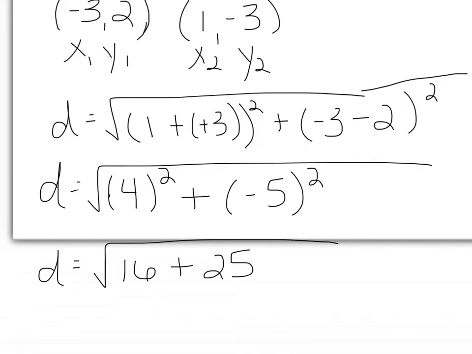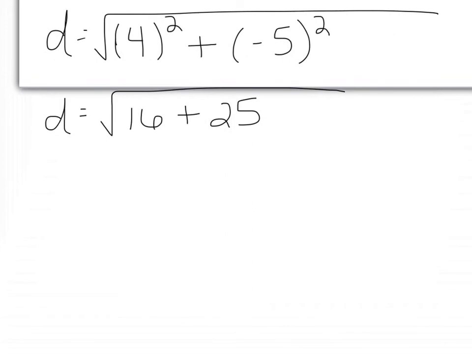Because remember, a negative times a negative is a positive. 16 plus 25 is 41. So the distance is the square root of 41.